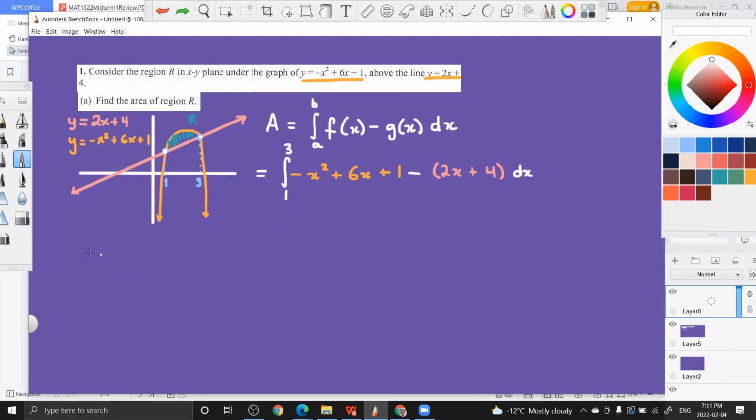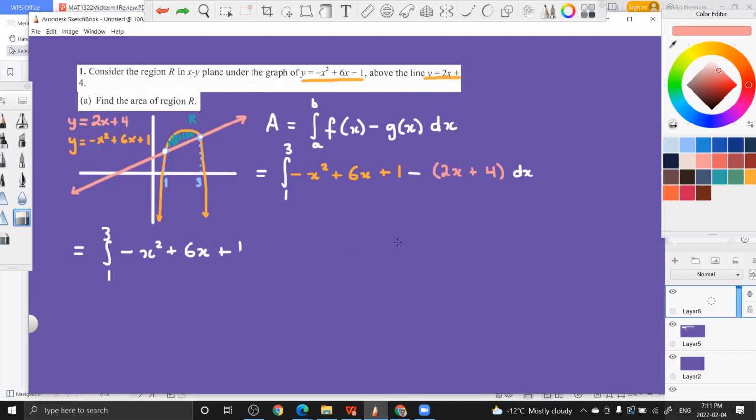That's equal to, let's write over here, the integral from 1 to 3, negative x squared plus 6x plus 1 minus 2x minus 4 dx. So we take 6x, we minus 2x, and then 1 minus 4.